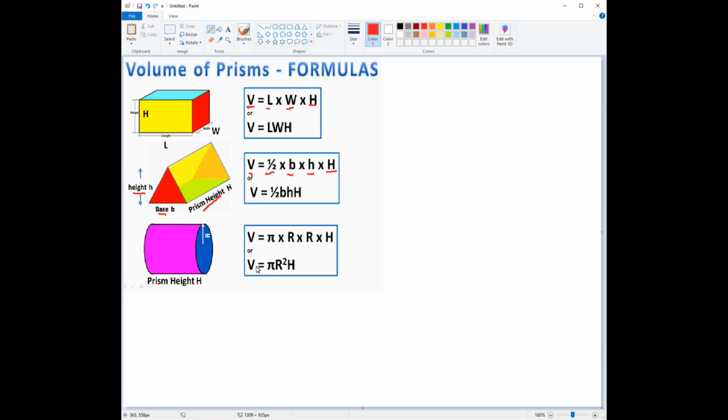So if we look at the last one, well, it's a cylinder. And again, some similarities, especially if you know how to find the area of a circle. So volume equals pi multiplied by r times r, and r is the radius.